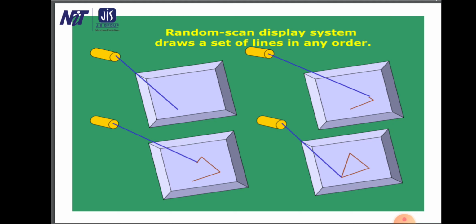So instead of drawing the line from x1, y1 to x2, y2, now I want to draw a line from point x3, y3 to x4, y4. And that will create the animation on the screen.